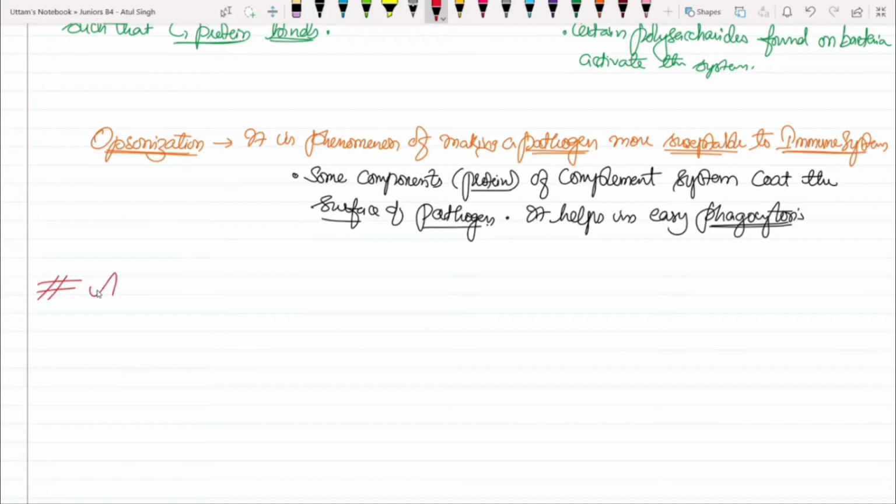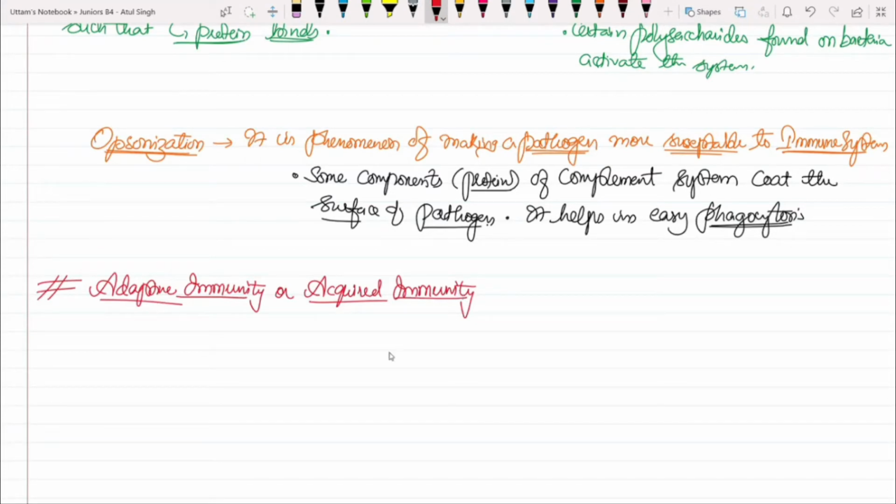Next one is adaptive immunity, or acquired immunity. Why do we call it acquired immunity? Because we acquire it during the lifetime.